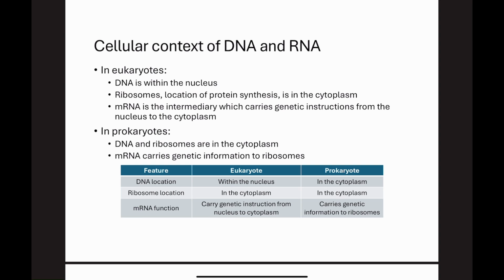But prokaryotes don't have a nucleus and do not have membrane-bound organelles, so the location of their DNA and RNA is in the same spot, which is the cytoplasm. The function of mRNA is the same, in the sense that it's going to carry our genetic information to our ribosomes.